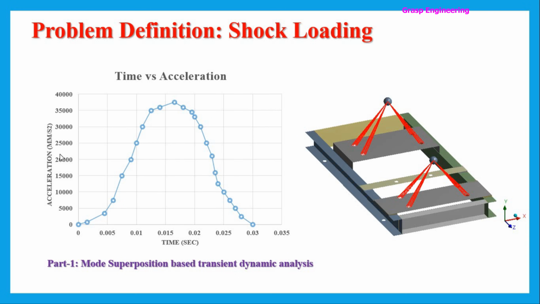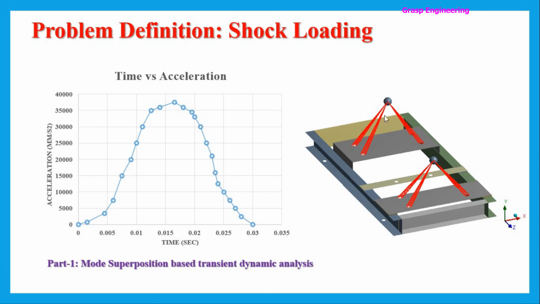The horizontal axis represents the time frame, while the vertical axis represents the acceleration loading. So the profile is basically acceleration versus time. Time comes into the picture, which is why it is called a transient structural or transient dynamic simulation. It is also called a shock analysis.